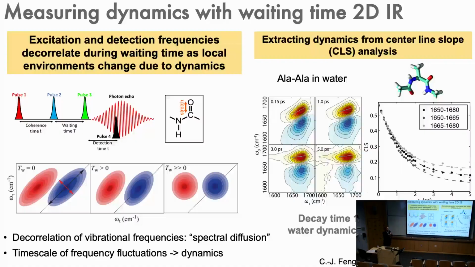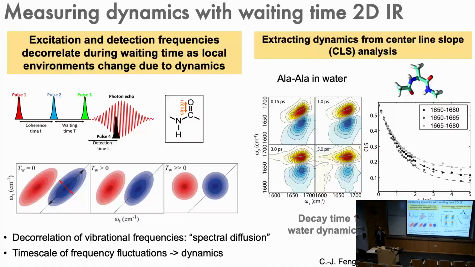But now, if you set a delay between the first two and the last two pulses, what happens is the first two pulses come, hit the molecule, and they essentially probe or record one frequency. But then you wait, and during that waiting time, the local solvent can move, because your waiting times are picoseconds, and we know water moves on the picosecond time scale.